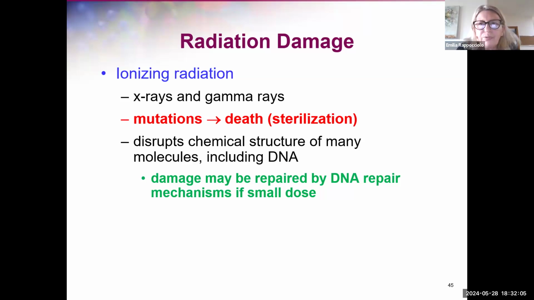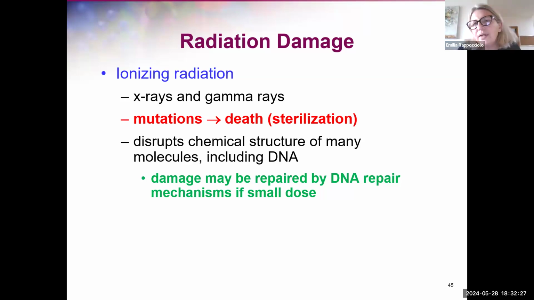You need to be able to protect yourself from this danger. And so they have enzymes which fix and repair any DNA damage that might be caused by this radiation.